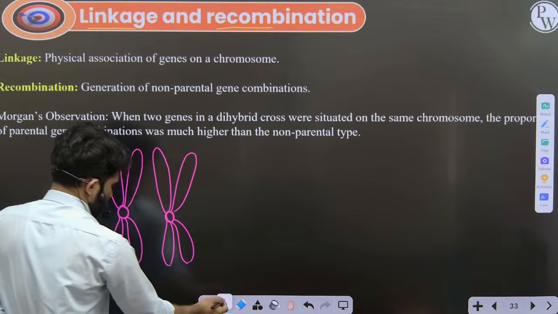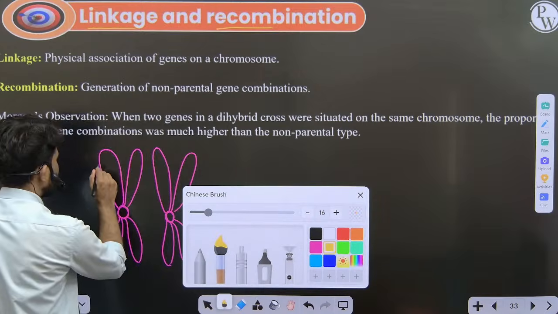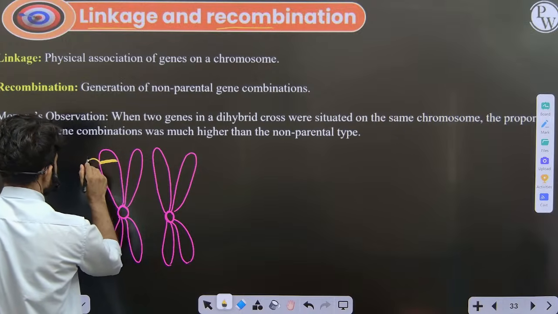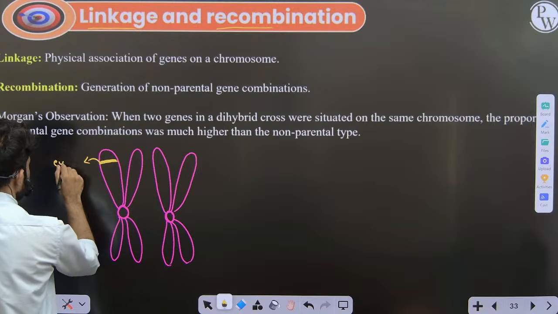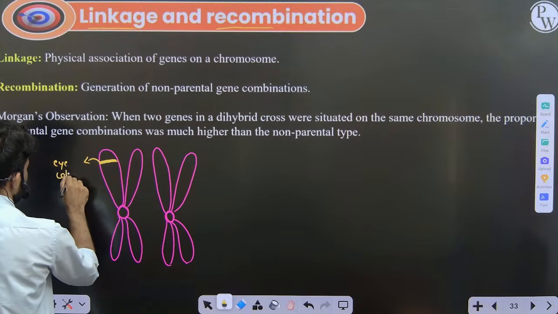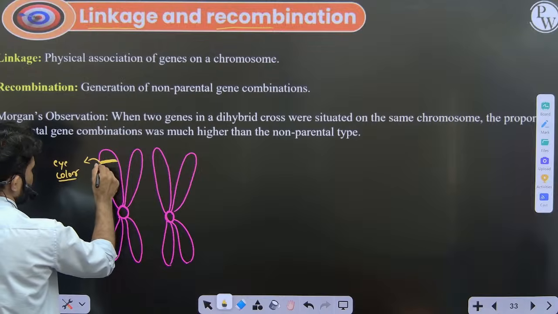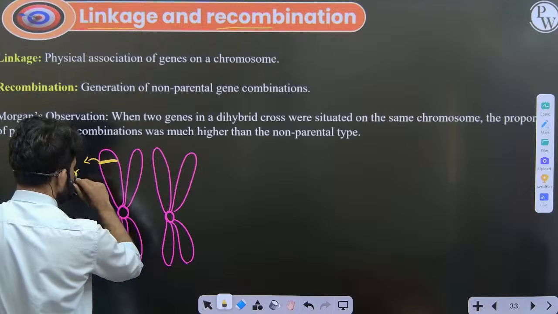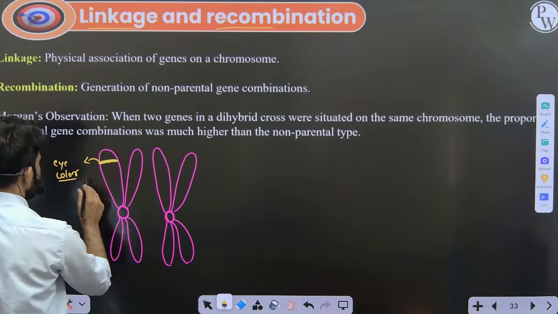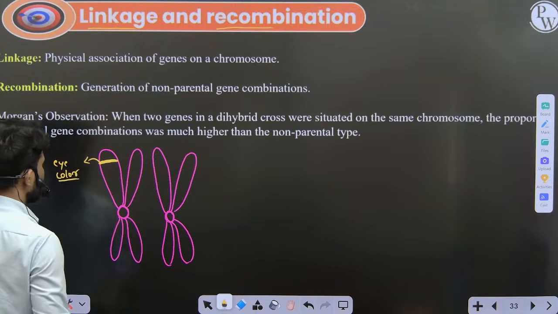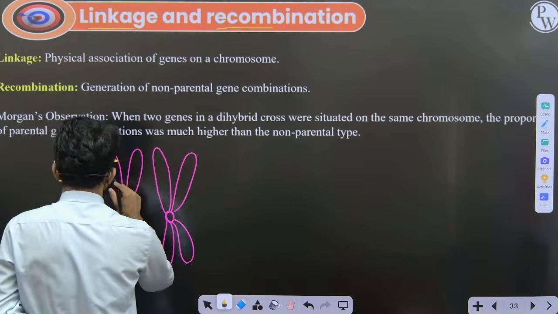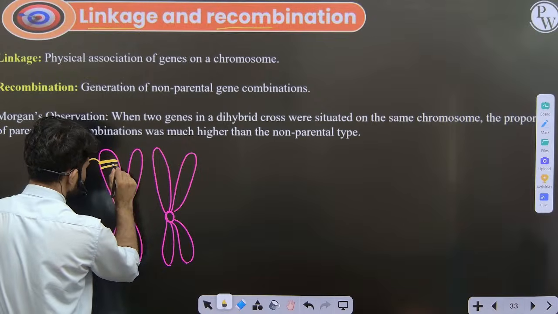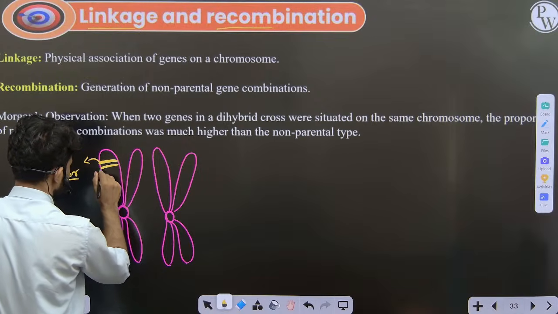We have a particular gene for eye color, and that is its locus. Here again there is another gene.